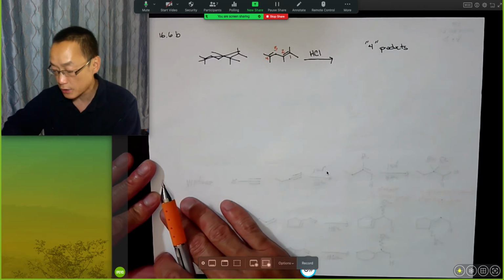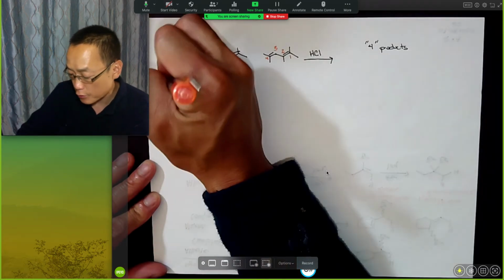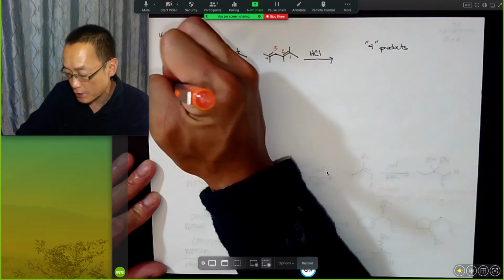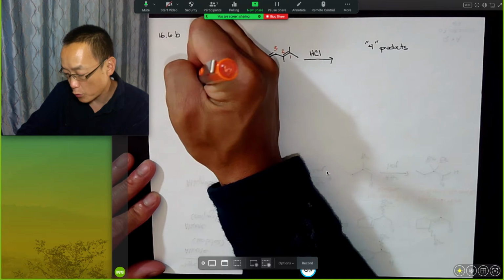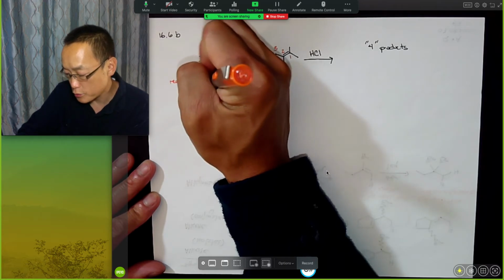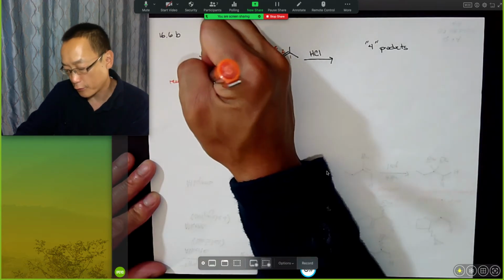So let's take a look at what I mean here. I'm first going to worry about what happens when I react the carbon 1, carbon 2 double bond first.